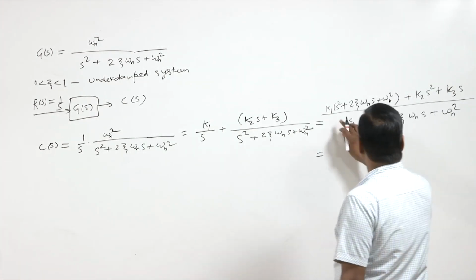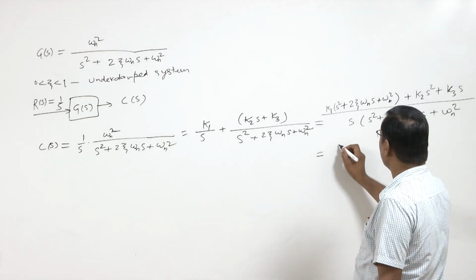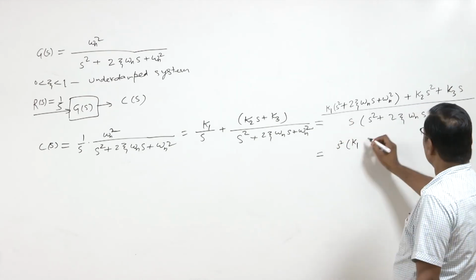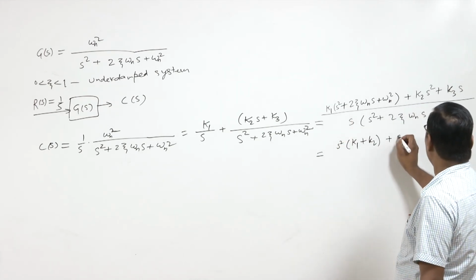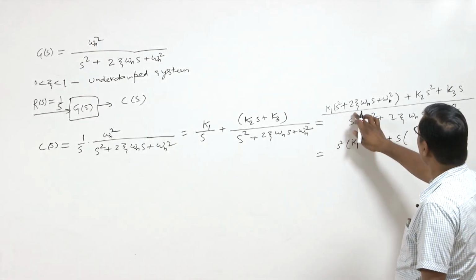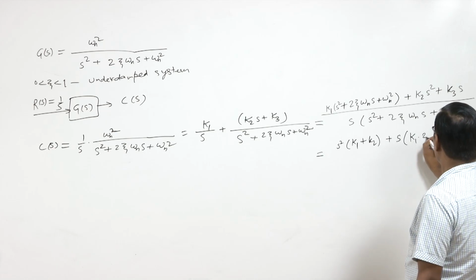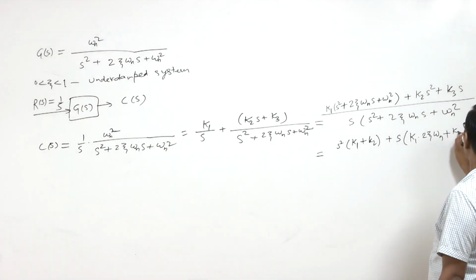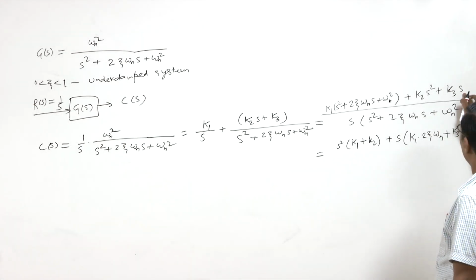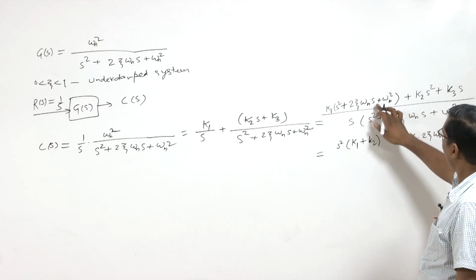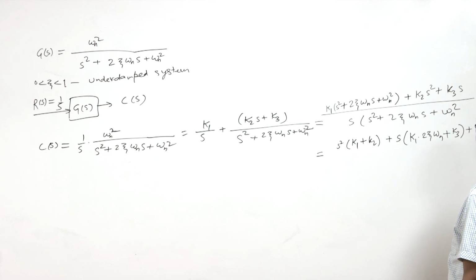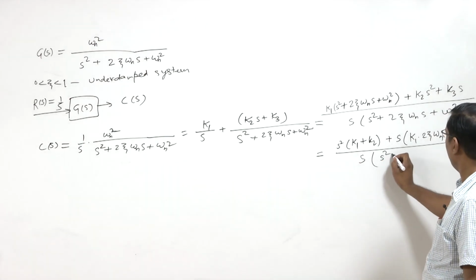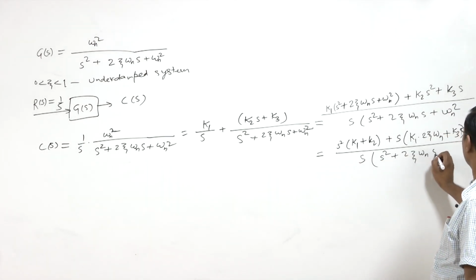So we collect the terms of the coefficient of s square. So for s square we have k1 plus k2, then we collect the s coefficients. So here we have k1 into 2 zeta omega n plus k3, now we have k1 into omega n square, and the denominator is s square plus 2 zeta omega n s plus omega n square.